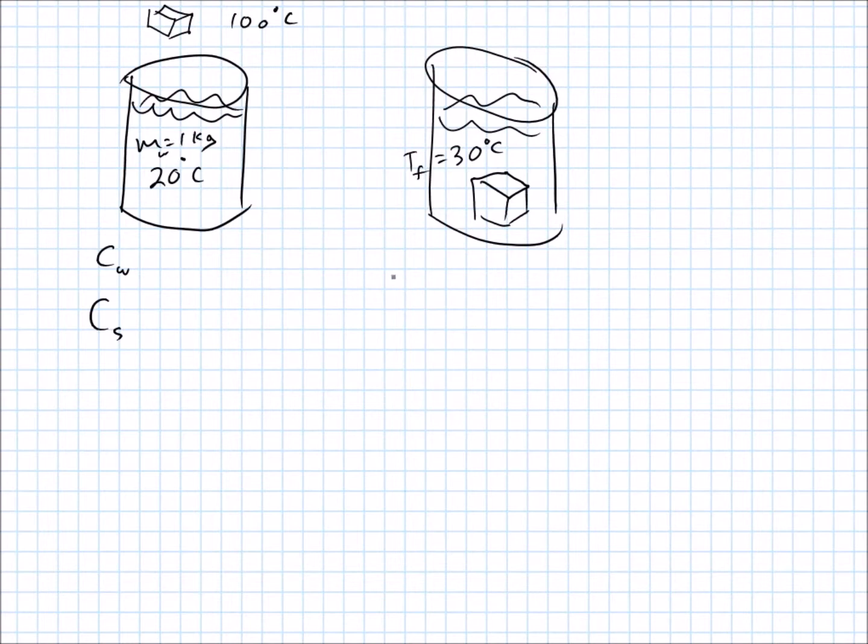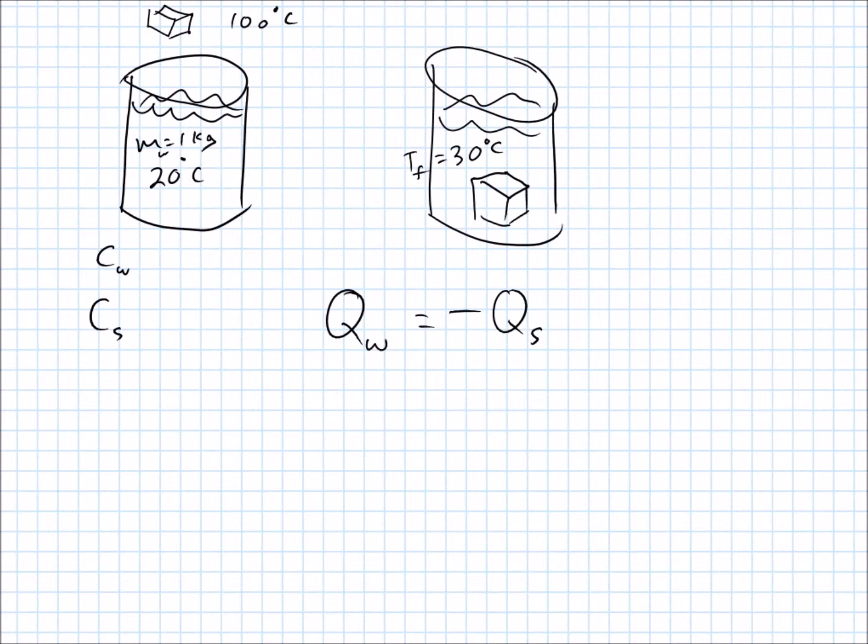Alright, so like most of these calorimetry problems, we start with the fact that the energy that goes into the water comes out of the steel, right? And in this problem, there are no phase changes, right? None of the water is going to boil.